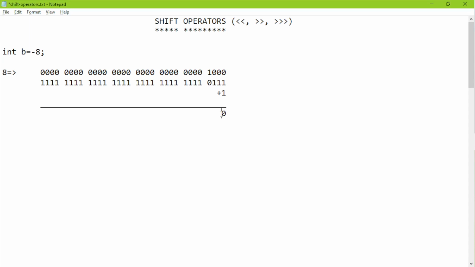Actually 1 plus 1 we get 10, so we are placing 0 here and the remainder 1. So 1 plus 1 again 0, we have the remainder 1 again, so 1 plus 1 is 0. Again we get remainder 1, so 0 plus 1 is 1. And the rest of the value will come as it is.